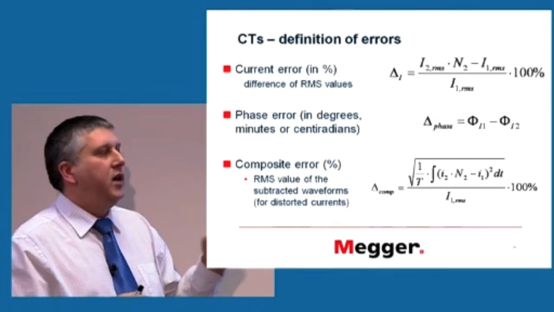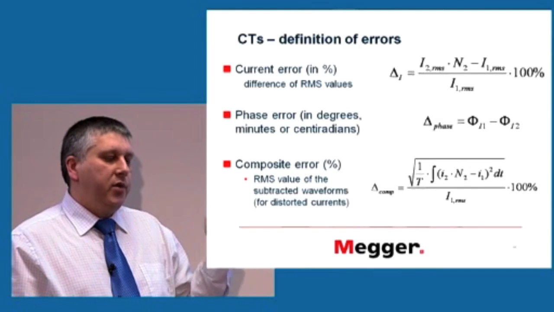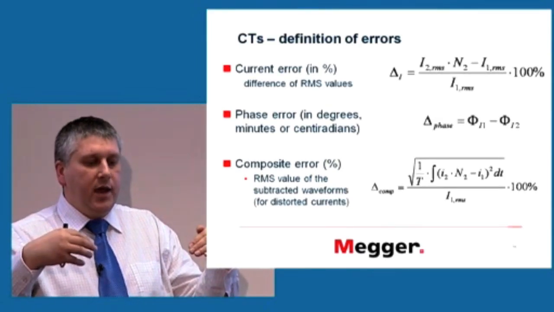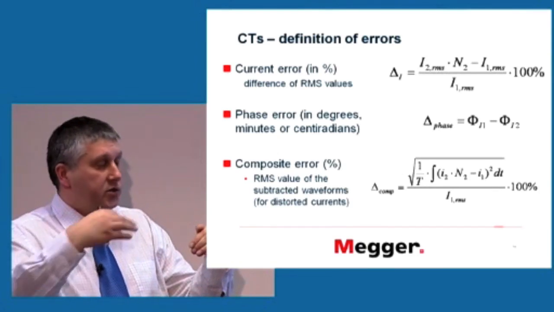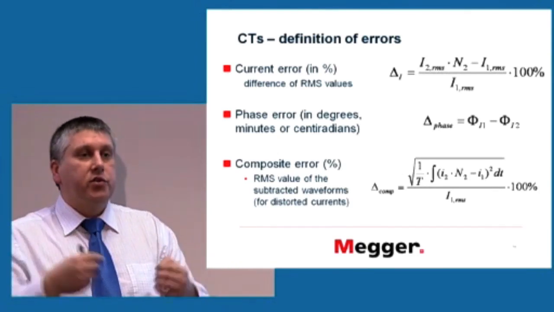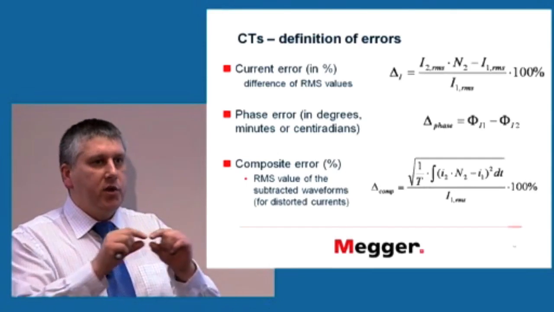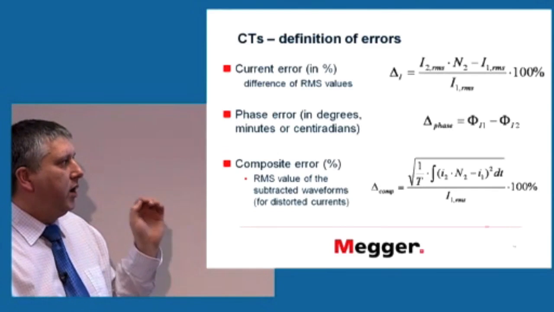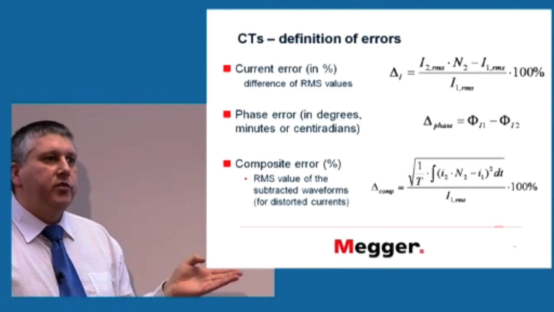The way this is done is the primary current waveform is taken, and then the secondary current waveform is taken, and using the correct ratio of turns, they are just subtracted. So the two waveforms are subtracted from each other, and we're looking at the RMS of that. This is mainly important where non-sinusoidal waveforms are involved.